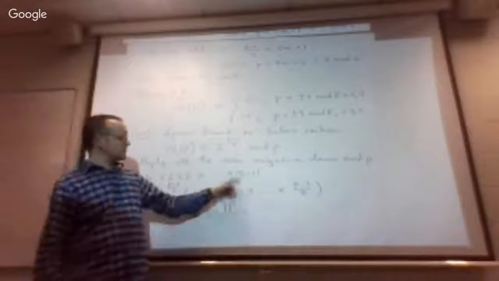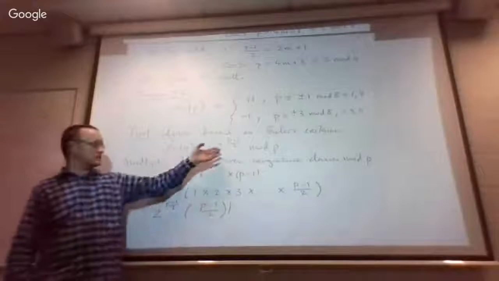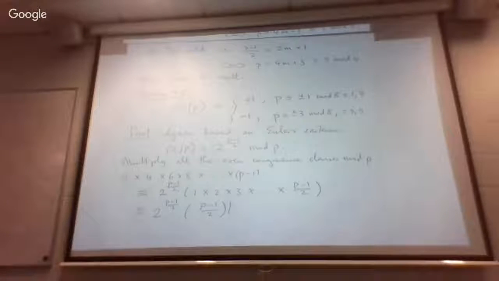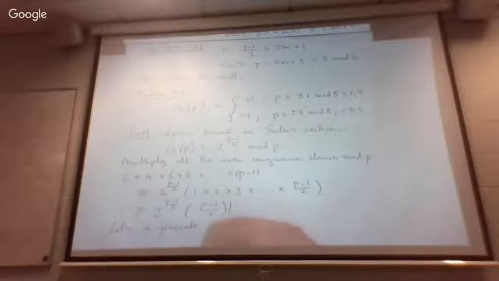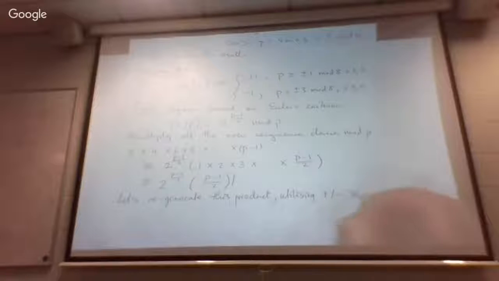So if we multiply together all the even congruence classes, we get this power of 2, and Euler's criterion tells us that's the Legendre symbol. Now we want to do this in another way. So let's regenerate this product utilizing plus and minus signs.